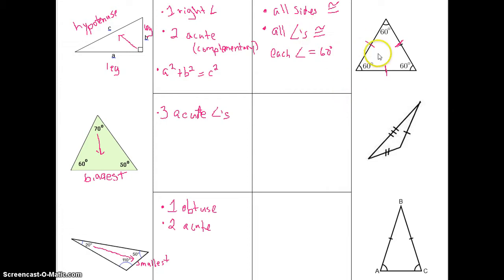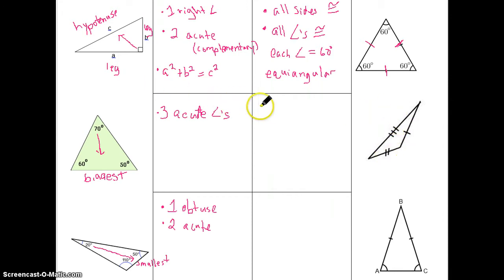There's also one more name for an equilateral triangle. Because all the angles are the same, we can call it equiangular. It just means equal angles. That same relationship, how these matched up, follows through with every single triangle. Okay? So the next type of triangle that we have, notice all the sides are marked differently. I've got one with 1 mark, one with 2, one with 3.